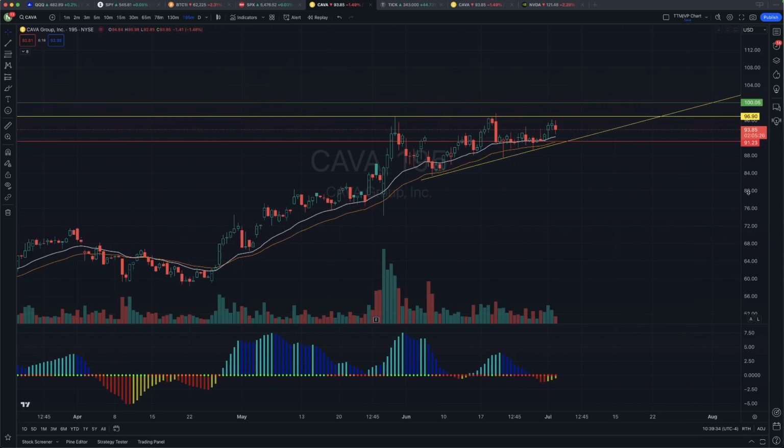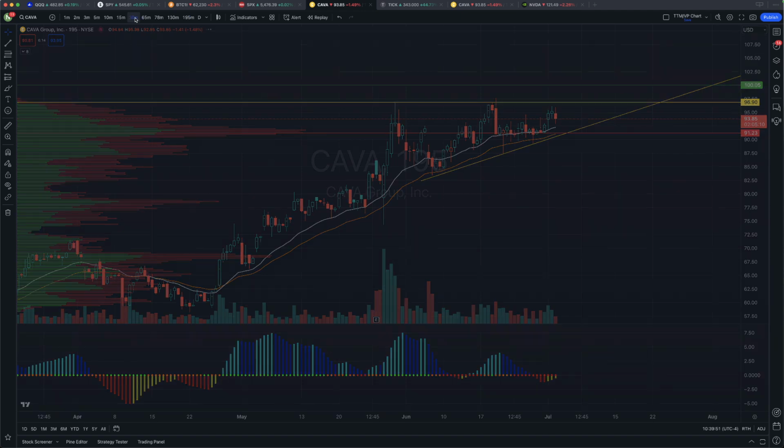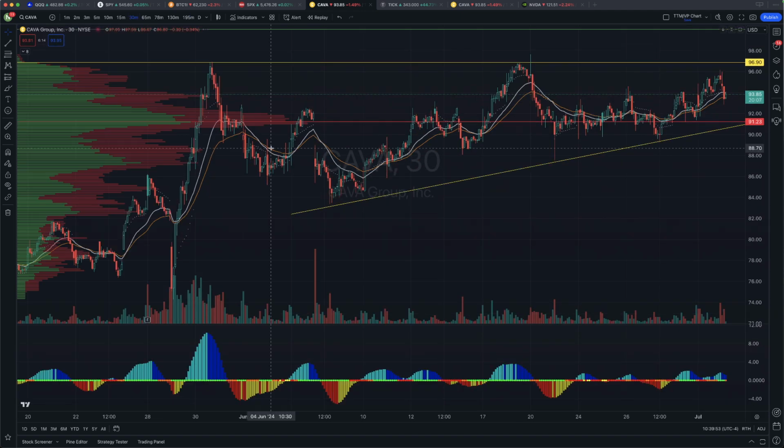Once we have our lines drawn here, and this one's a little bit different, we have our yellow trend line forming our ascending triangle, and then we have our double top up here. And I'm going to come back out to the 30-minute chart.